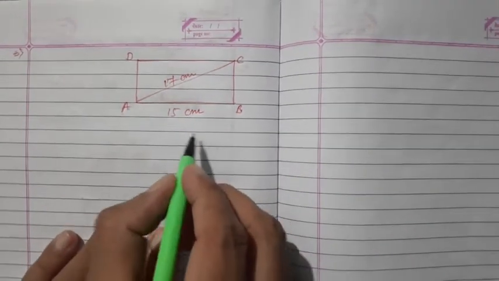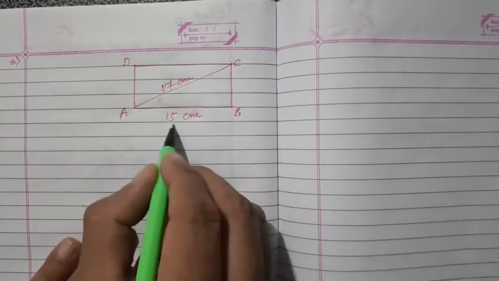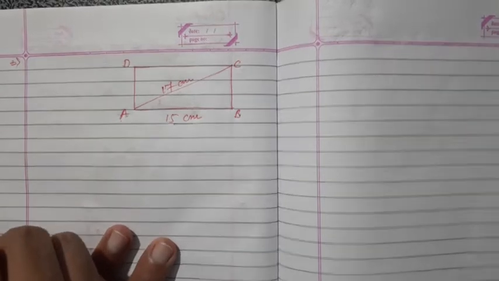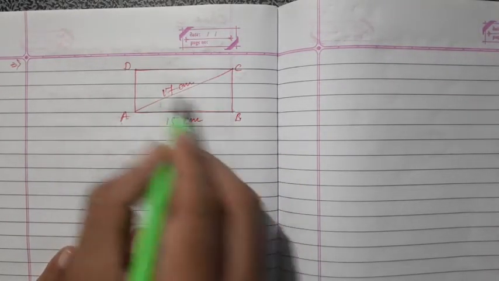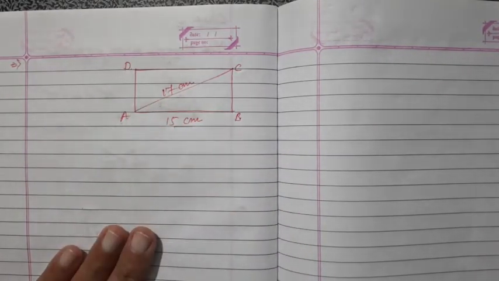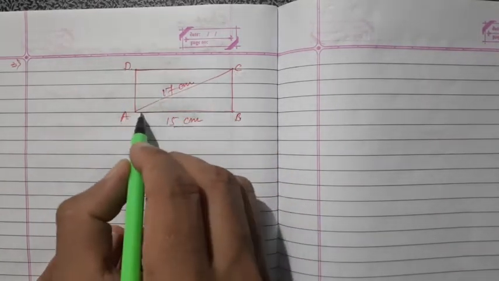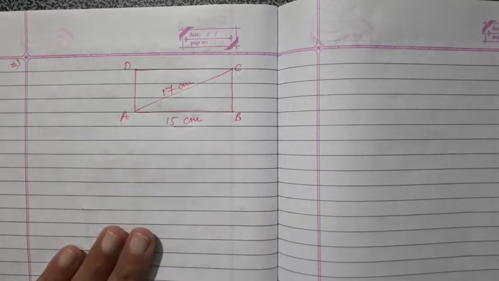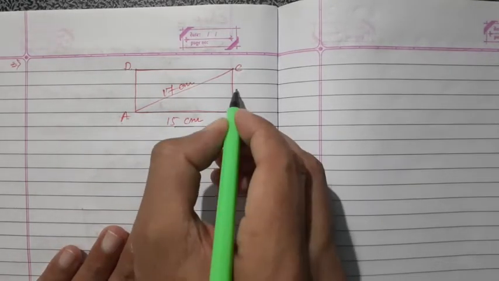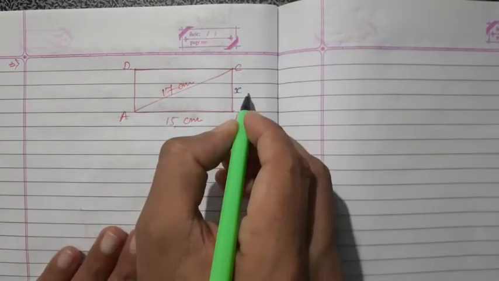In that, the length is given, suppose AB is 15, and one diagonal is given. You just take AC or BD, any one. Because in a rectangle both diagonals are equal in measurement. Here we take AC, that is 17 centimeter, and BC is not given, suppose that is x centimeter.